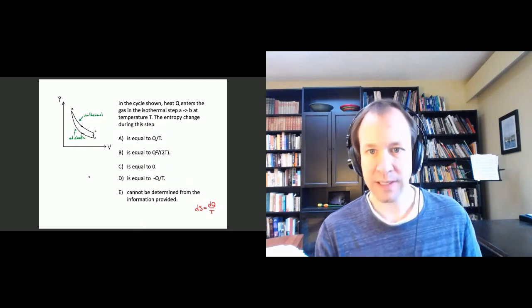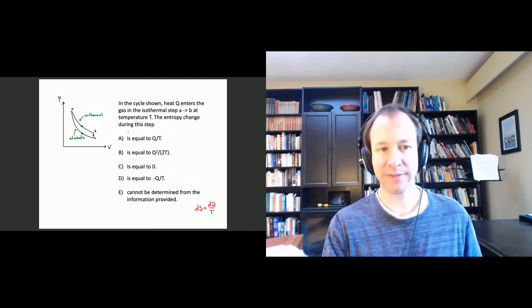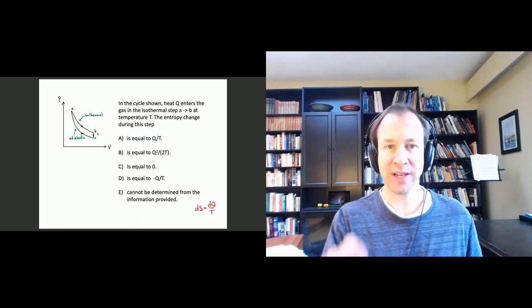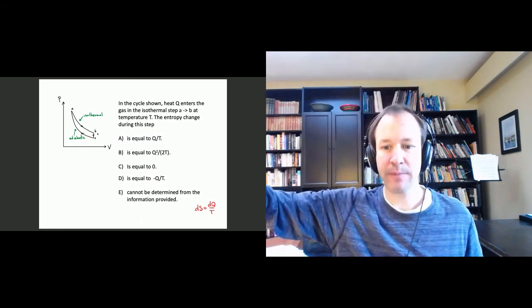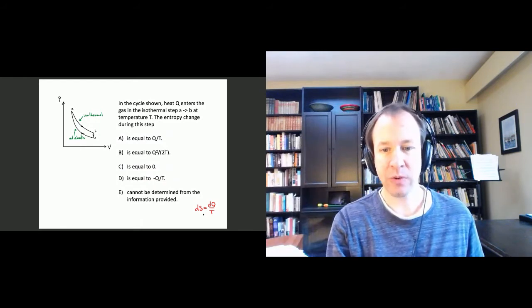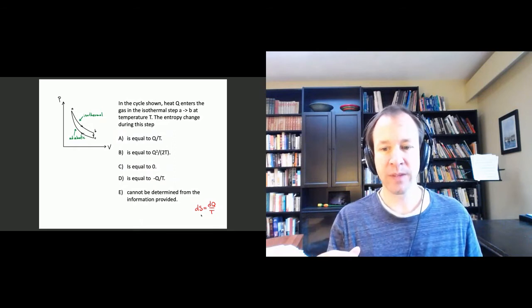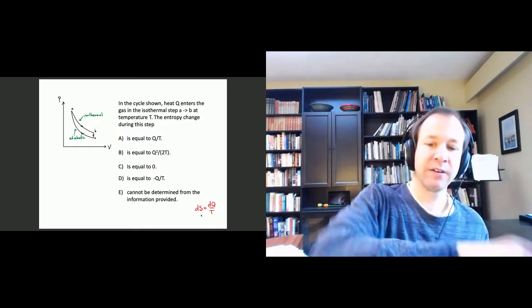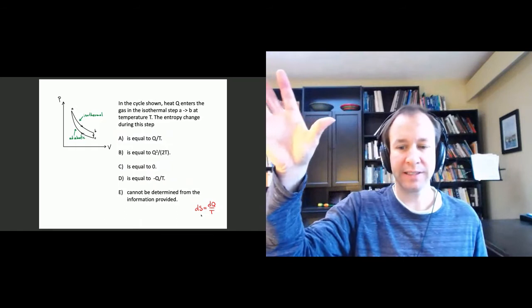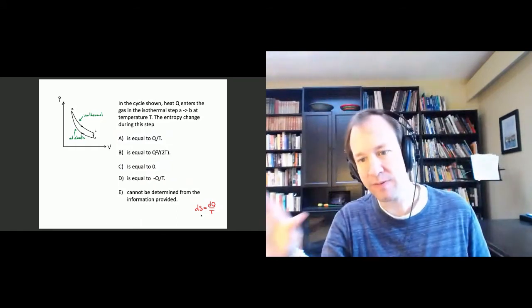Okay, so this one is also relatively easy. So in the isothermal process, we have a constant temperature during the entire process. And so our formula for entropy, that dS is equal to dQ over T, well, we can actually promote that to a formula that talks about the full change in entropy for the whole process.